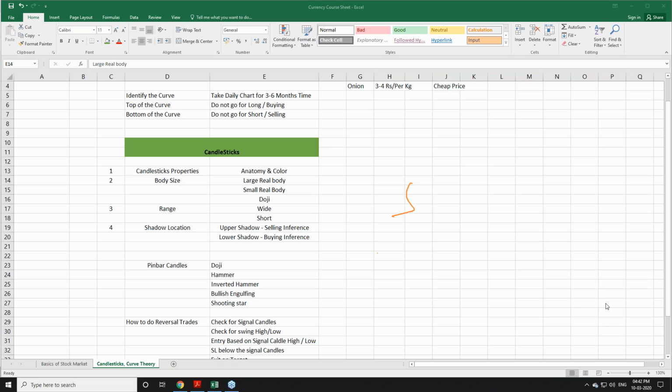Same like that, here also there is a small candle and a big candle. We are going to learn about the body size of the candle, which is large real body and small real body. So what does it mean?